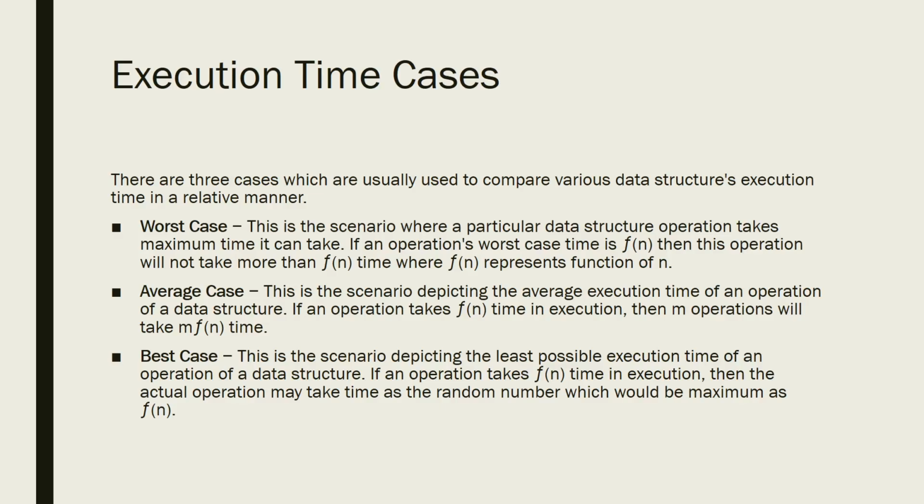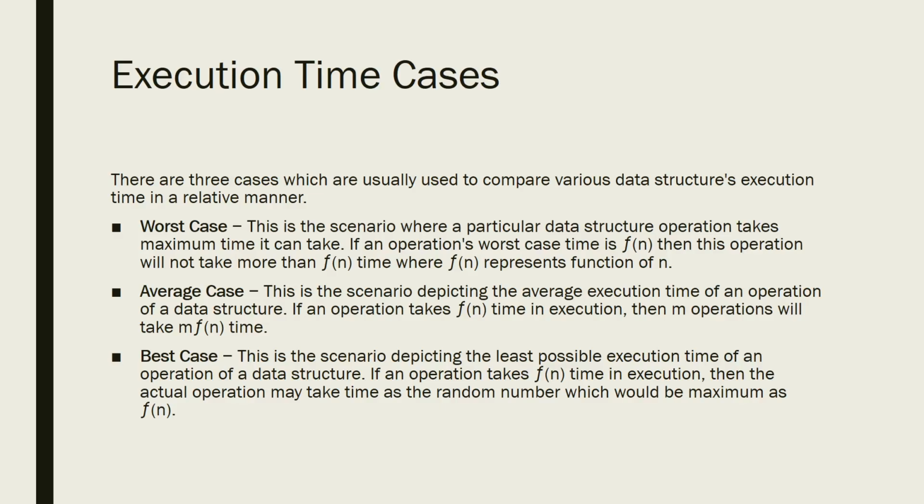If an operation takes f of n time in execution, then m operations will take m times f of n time. Now we have the best case. This is the scenario of the least possible execution time of an operation of a data structure. If an operation takes f of n in execution, then the actual operation may take time as a random number, which would be at most f of n.